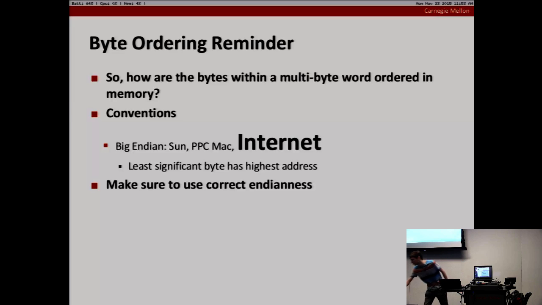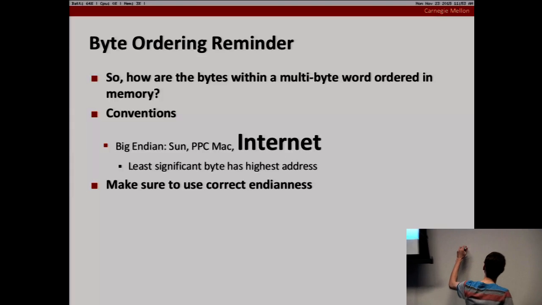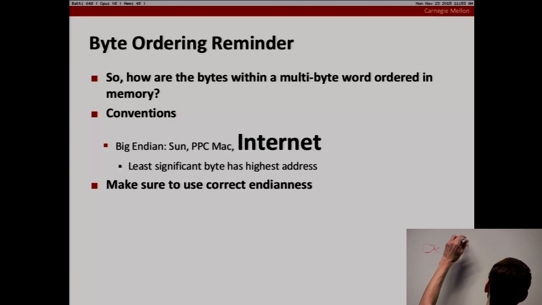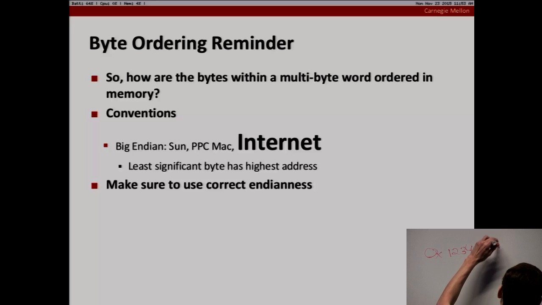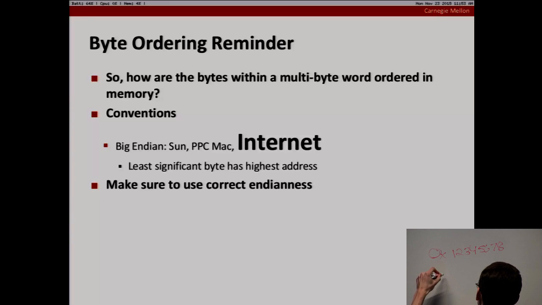If you remember the difference, if we have the bytes 1, 2, 3, 4, 5, 6, 7, 8 in hex and big endian, then this is laid out as 1, 2, 3, 4, 5, 6, 7, 8, which is the opposite of when you were doing your attack lab. This would have, in memory, been ordered 7, 8, 5, 6, 3, 4, 1, 2.